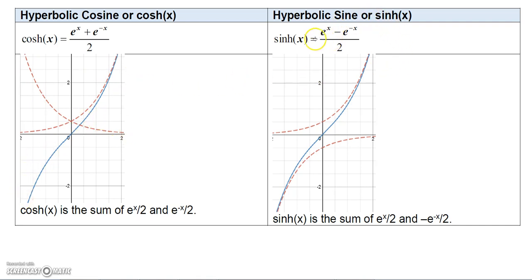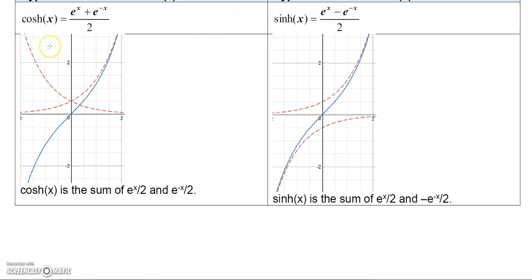Now the hyperbolic sine is what you get when you graph e to the x minus e to the minus x over 2. So that would be the hyperbolic sine.